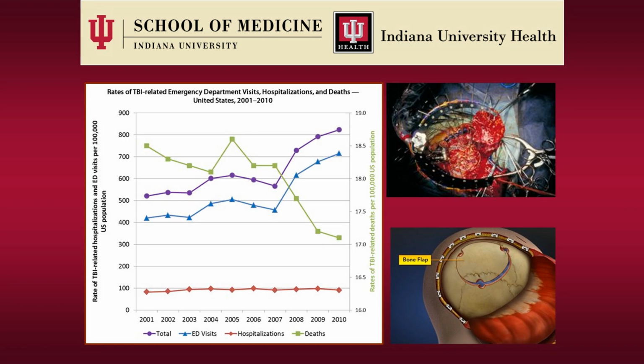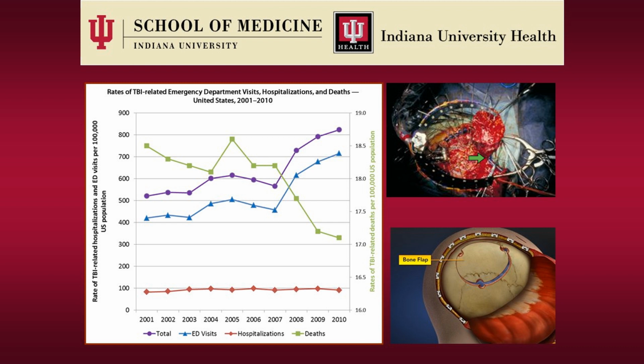I put up this slide just to show you a possible explanation for some of why this is happening. This is good news, but not very good news for young, healthy donors. This shows that the traumatic brain injury mortality, which is the green of all these, has gone way down. We've done a really good job with traumatic brain injury. On the other side of the slide, you see a bone flap, where they've basically opened up the cranium and taken off a flap of bone so that there's room for the brain swelling so it doesn't herniate.